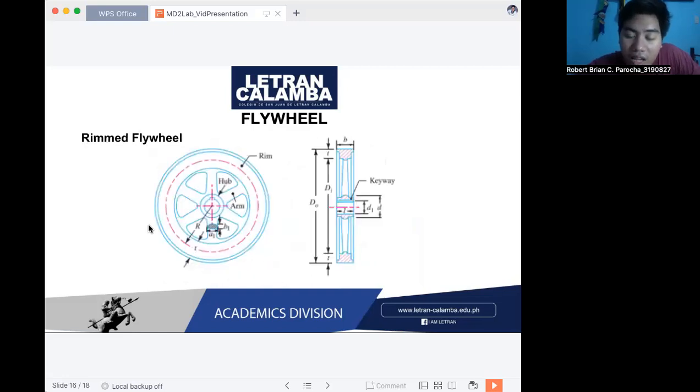Next is the last type of flywheel, which is the rimmed flywheel. The rimmed flywheel consists of arms that are larger than the previous type. It also consists of a hub, and arms that are usually 4 to 6 arms, and the outer rim is large, and there's also a shaft at the middle.